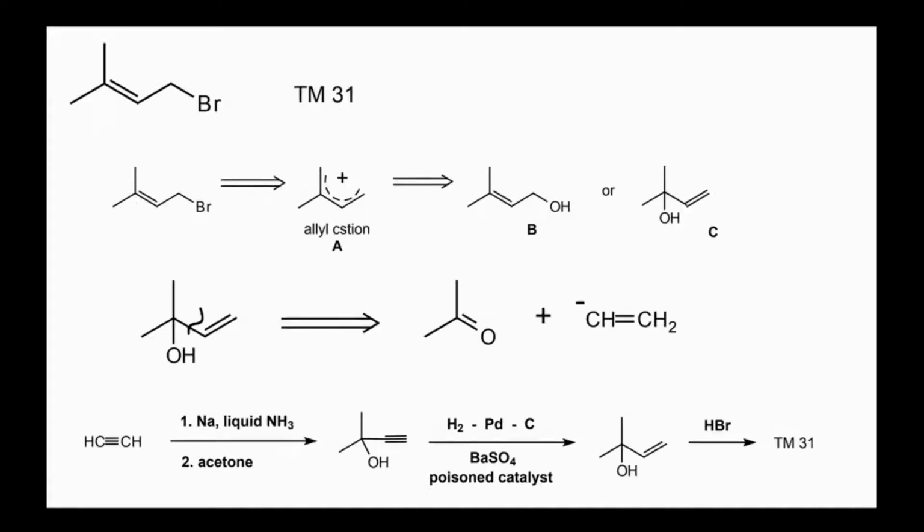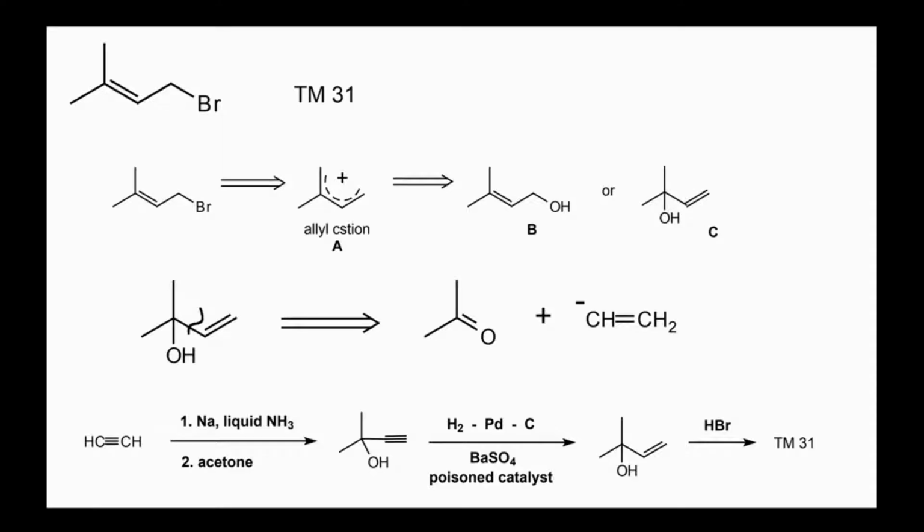Okay, let's move on to the next example. Now this is very simple, but this is very tricky. Now you have the vinyl alkyl halide where you have an alkyl halide like bromide and an alkene. So what you do is you disconnect the bromine and you will get an allyl sort of cation, and then you can convert this bromine into alcohol.